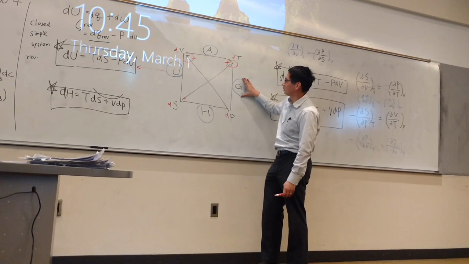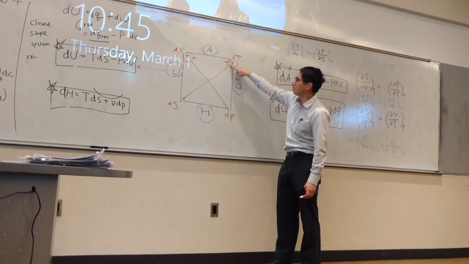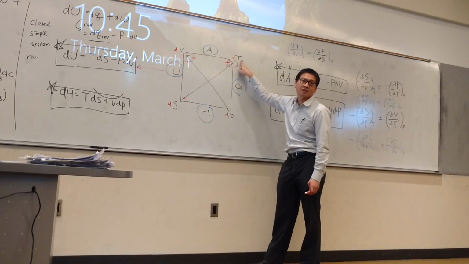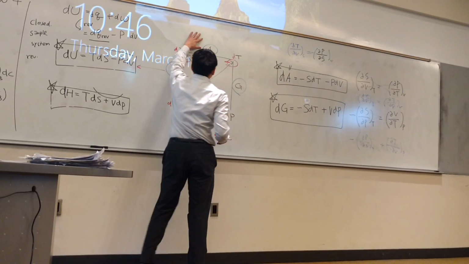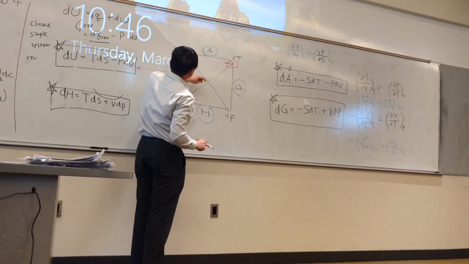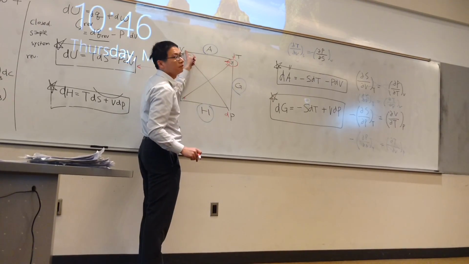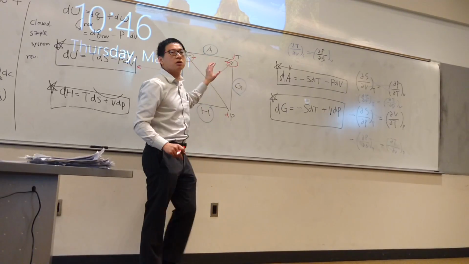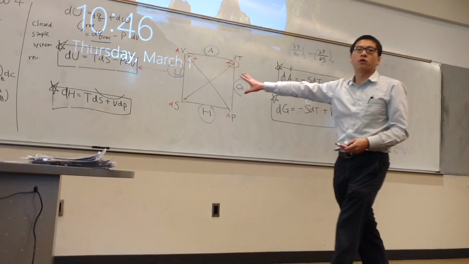And dA will be negative S dT minus P dV. So using this figure, you can get those four equations.